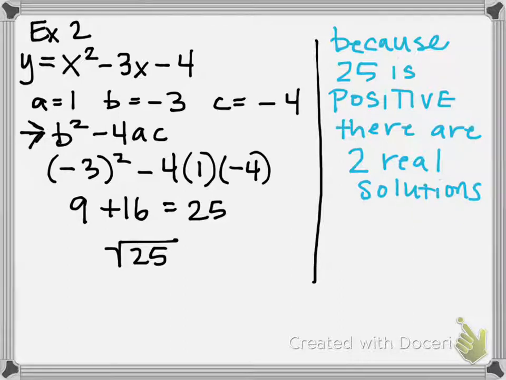Okay, because 25 is positive, there are 2 real solutions. This is part of your answer: the square root of 25, or 25, is part of your answer, and that there are 2 real solutions is part of your answer to the discriminant when you're asked a question about the discriminant.